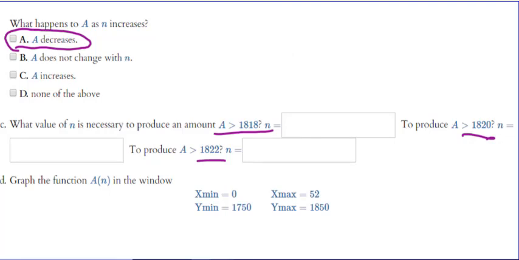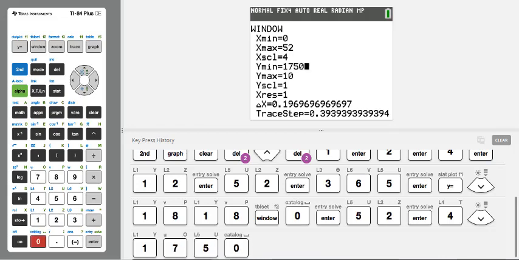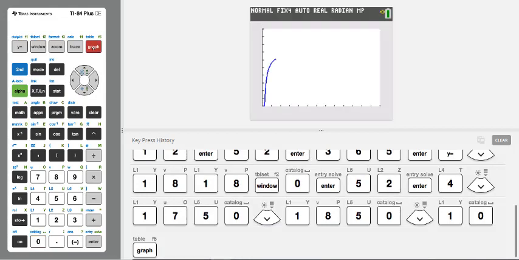That's good. All they're doing is encapsulating where we need to look. We'll step by 10, and then we'll just hit graph.